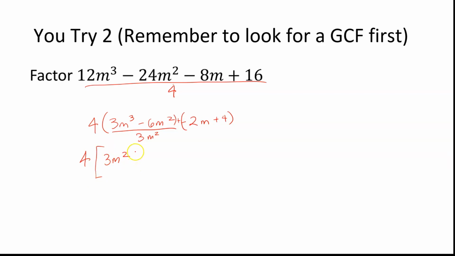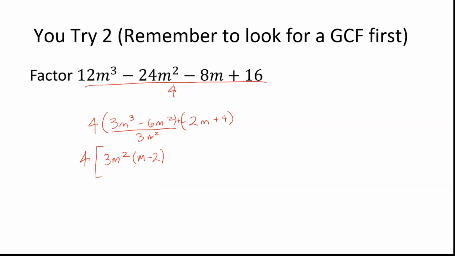I'm going to have m, right? 3m cubed divided by 3m squared. Those exponents are going to subtract from each other. So 3 minus 2 leaves me with just 1m. And then these 2m squareds are going to cancel. Negative 6 divided by 3 is negative 2 right there. So that is my first group.